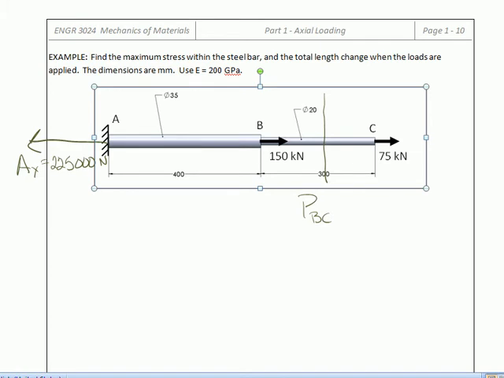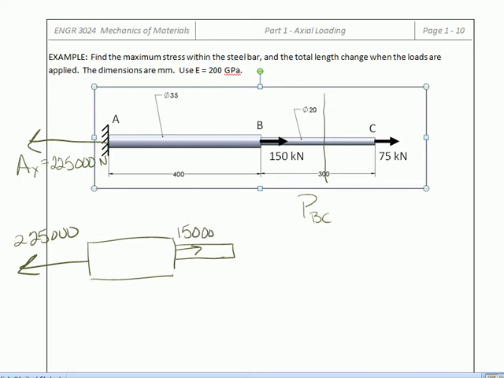You can take your section cut and evaluate everything to the right of the cut, or everything to the left of the cut. To the left of the cut is the reaction force of 225,000 and the applied force at point B of 150,000.